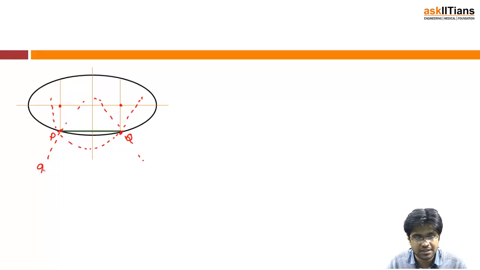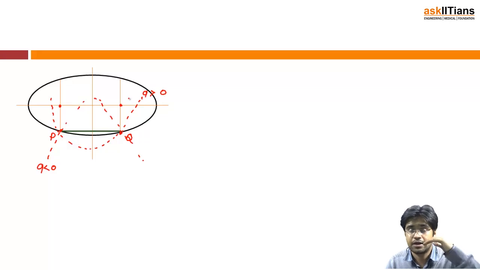One having a less than 0, and one having a greater than 0, where the coefficient of x square is a, as we know from quadratic equations. So a greater than 0 means it's concave upwards, and a less than 0 means concave downwards. So PQ can be the latus rectum of either of these two parabolas. I don't know which one, so we'll find it out.